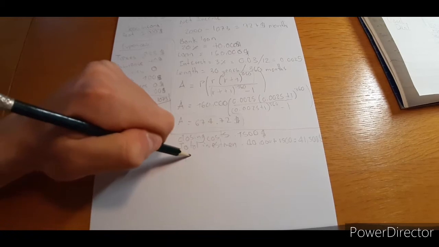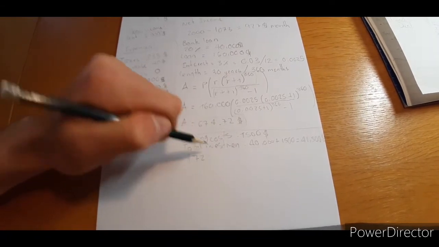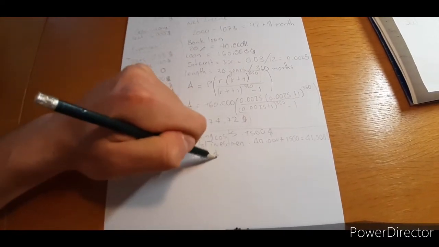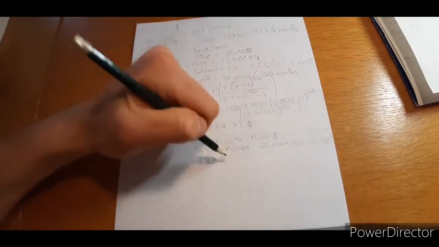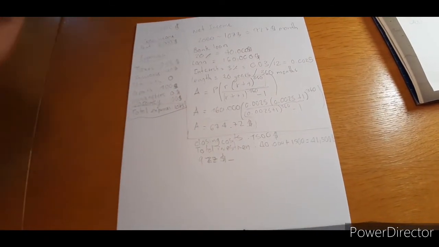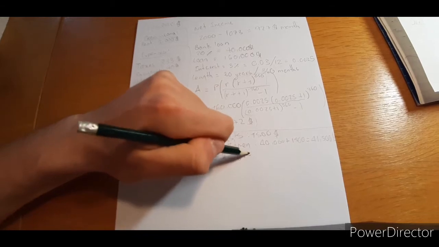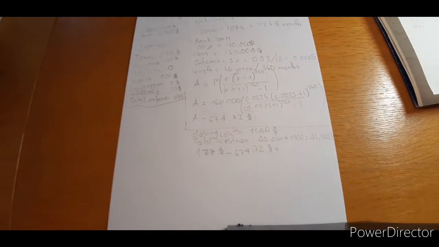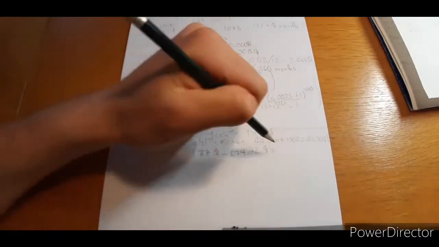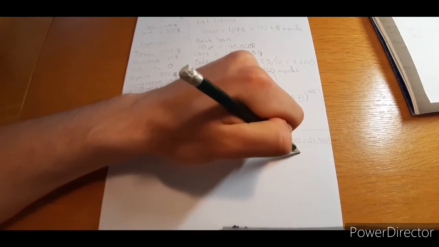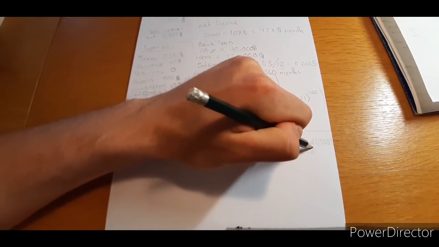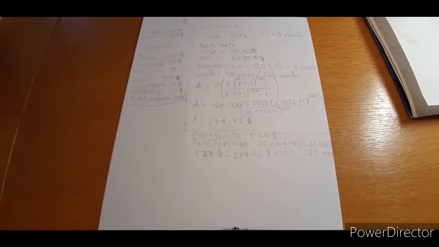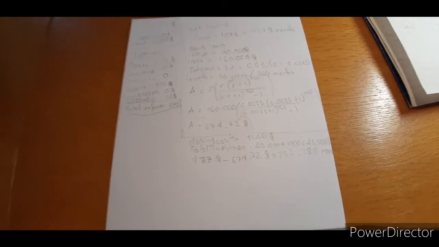So let's put the $927 that you're getting from your net income minus the loan, which is $674.72, and this will give you $252.28 monthly. So this means that you're getting 252 doing absolutely nothing.